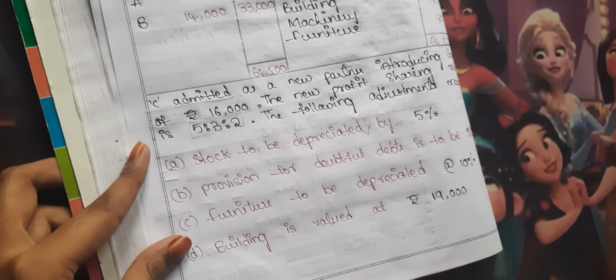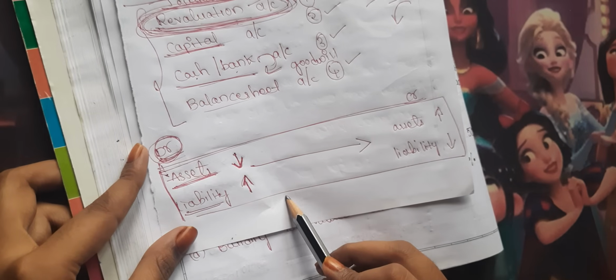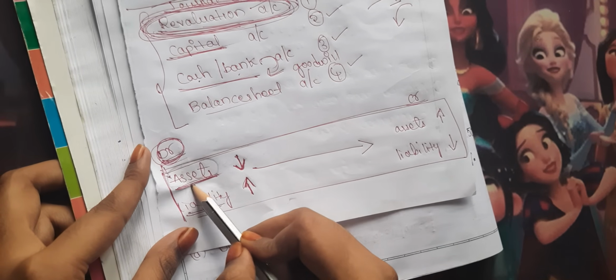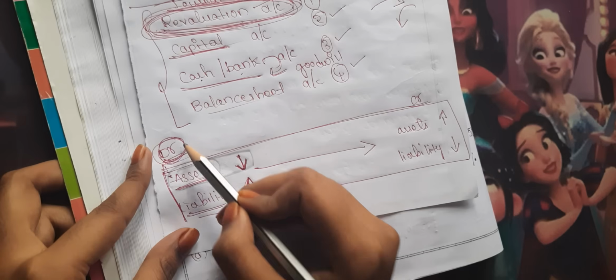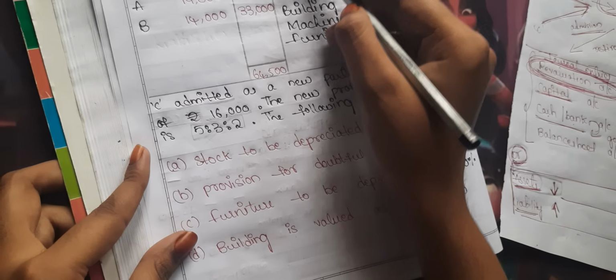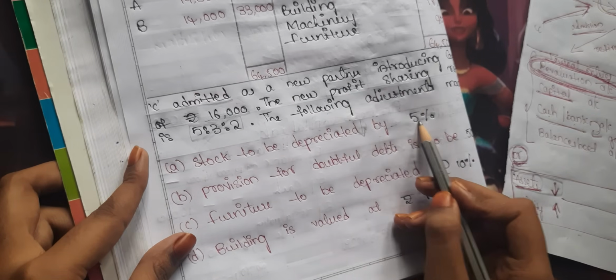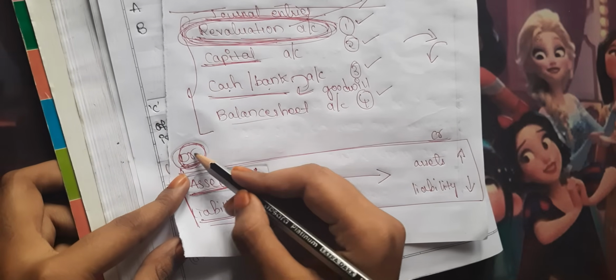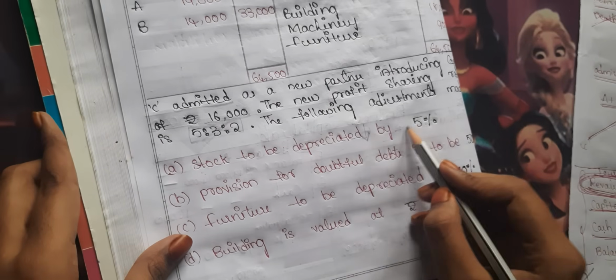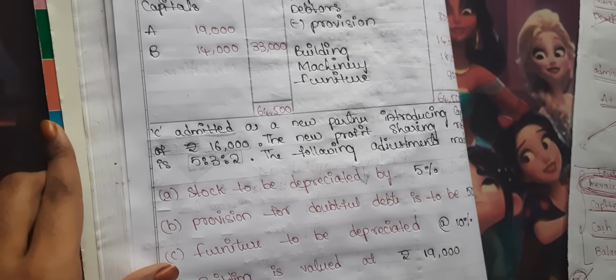When the asset amount is decreasing, we take it on the debit side. Here also the stock asset amount is decreasing by 5%, so we will take it on the debit side.